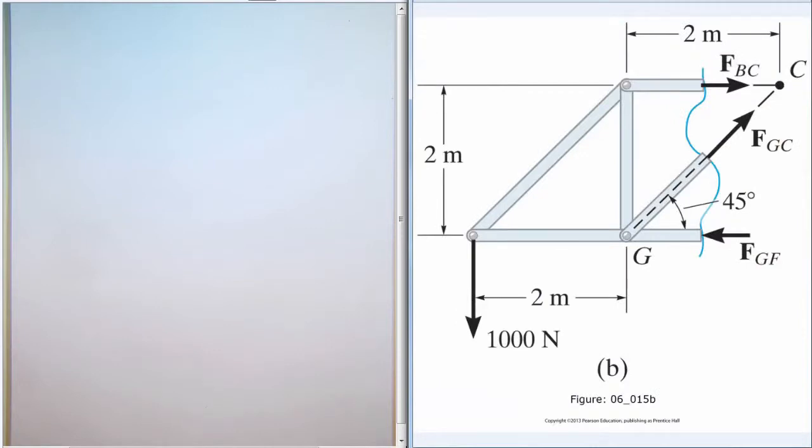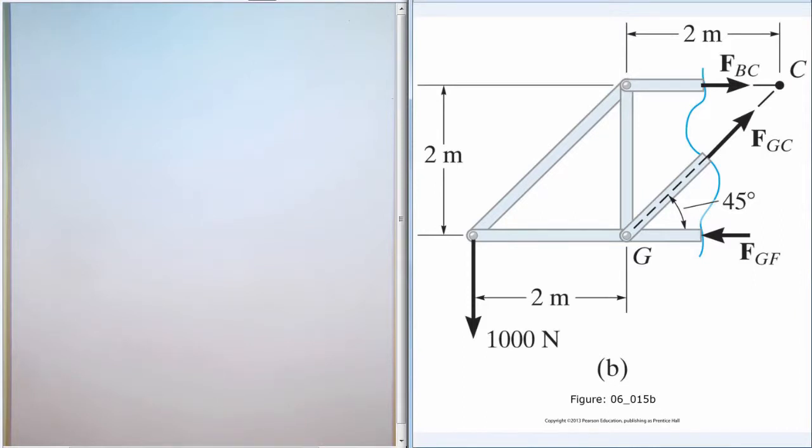So here is our free body diagram for the left section of the truss, and whenever we apply the equations of equilibrium, we could take the sum of the moments about point G, and by doing that we would have only one unknown in that equation, and that would be FBC, because FGC and FGF both intersect point G, so they wouldn't appear. So that's one tip. We want to take the moment about the intersection point of 2 unknowns.